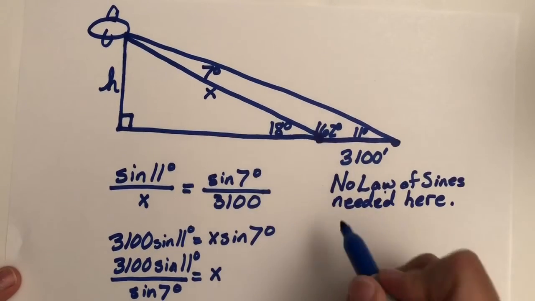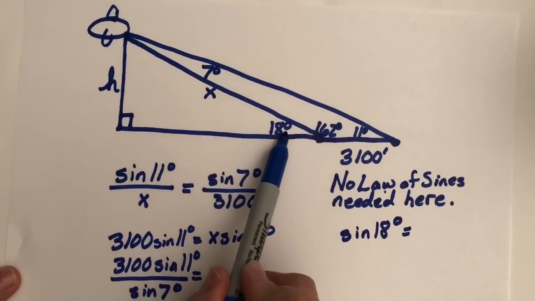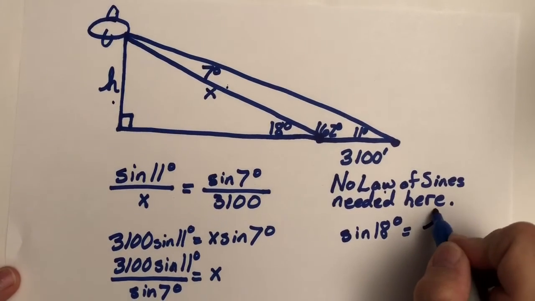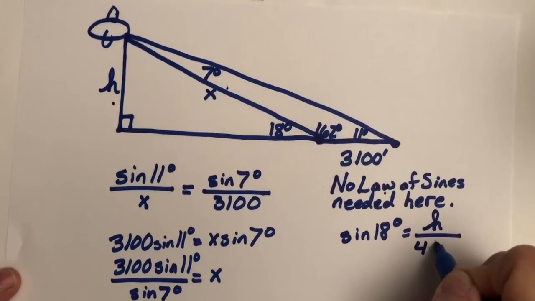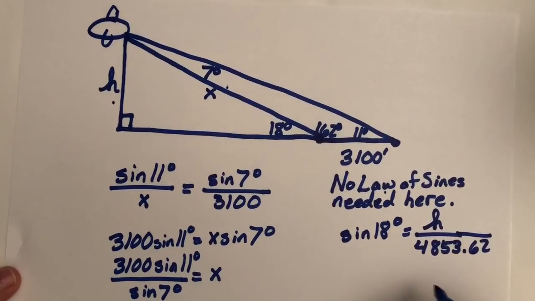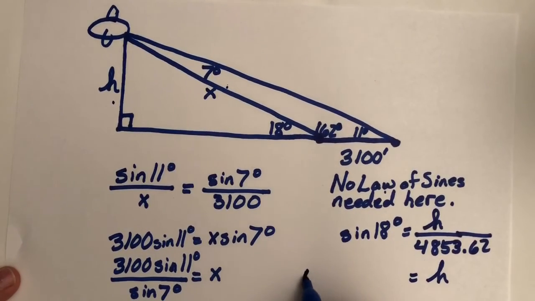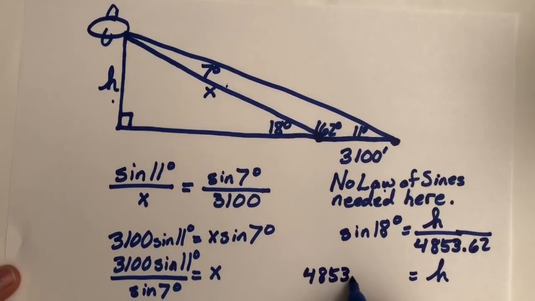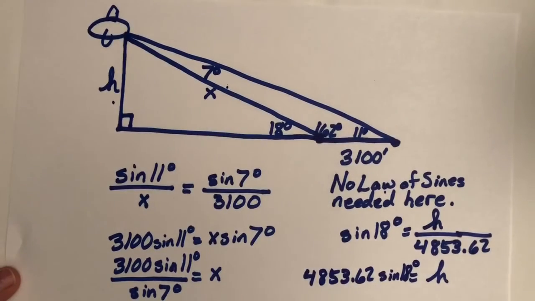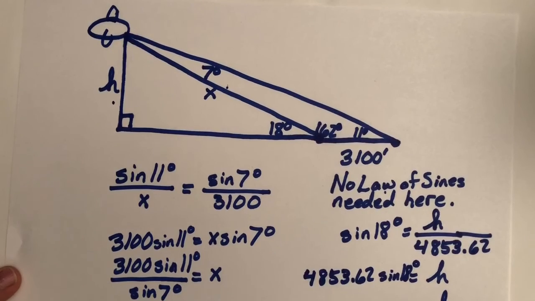So now we have the sine of 18 degrees equals, and as I'm pointing out, it's opposite over hypotenuse. That's why we don't need the law of sines. It equals H over the 4,853.62. Multiply both sides by that denominator. H equals 4,853.62 times the sine of 18 degrees.